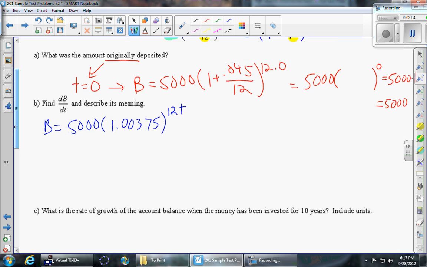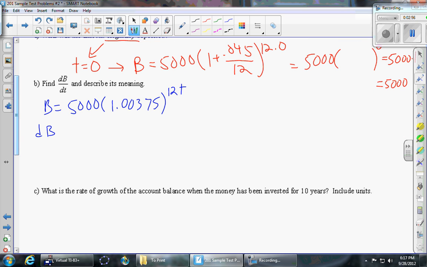I just did that because I didn't want to write all those fractions every time. So now we want a derivative. dB/dt equals. Okay, 5,000 is a constant multiple. Does it stay or go? Constant multiples stay. 5,000 times. Now we need a derivative rule. This thing right here sure looks like a number to the 12t, and that a is a constant.